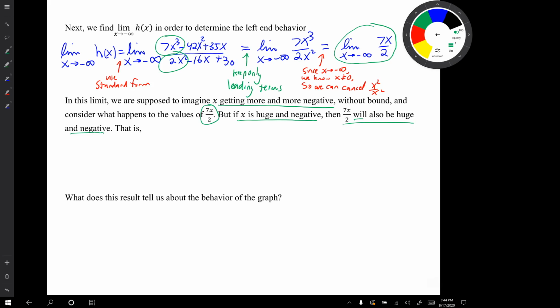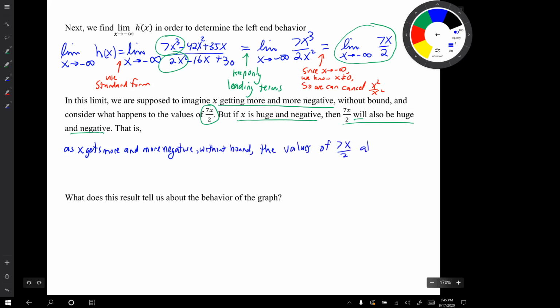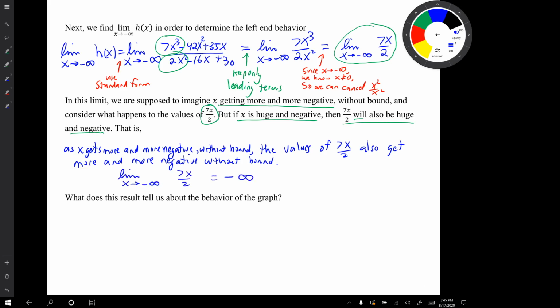That is, as x gets more and more negative without bound, the values of 7x over 2 also get more and more negative without bound. That is, the limit as x goes to negative infinity of 7x over 2 is negative infinity.